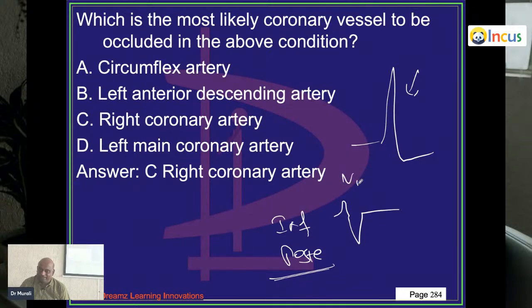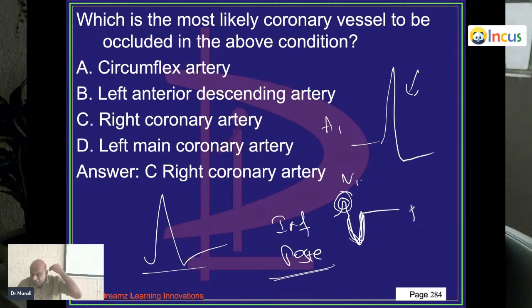V1. V1 is supposed to show a small r and a significant S. But if V1, V2 are showing a prominent R wave, when do you see that? V1, V2 are what? Anterior chest leads. If there is an infarction in the posterior wall, then you expect a Q in posterior leads, but there are no posterior leads.